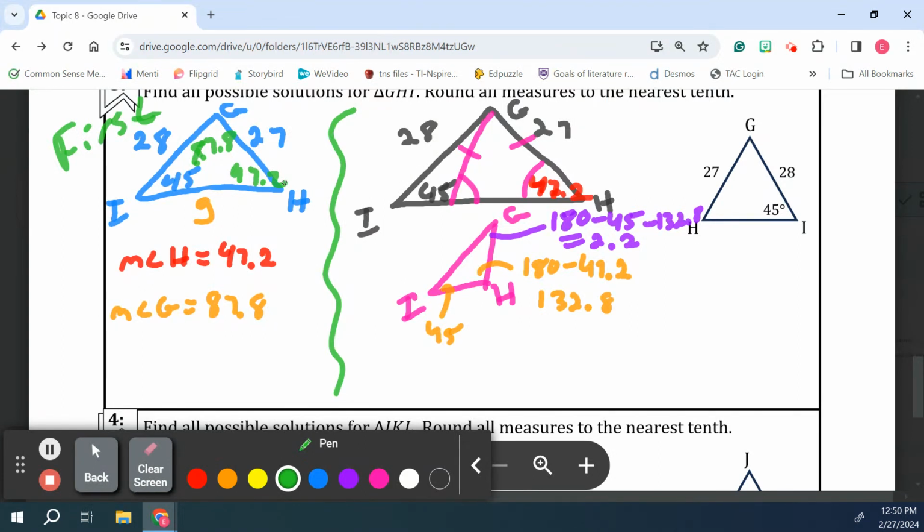So to solve for little g, I need the sine of 45 over 27 equals the sine of 87.8 over little g. And someone tell me, what is little g for that first solution? I got 38.2.